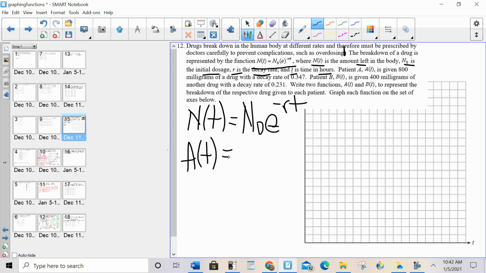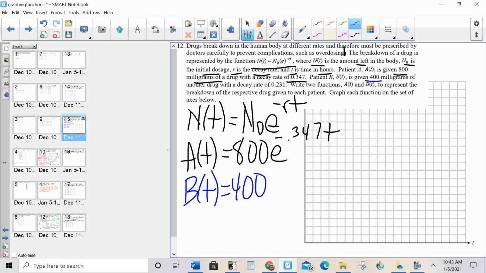Patient A is given 800 milligrams of a drug. Well, that's N0. With a decay rate of 0.347. So e to the negative 0.347 T. Patient B is given 400 milligrams.